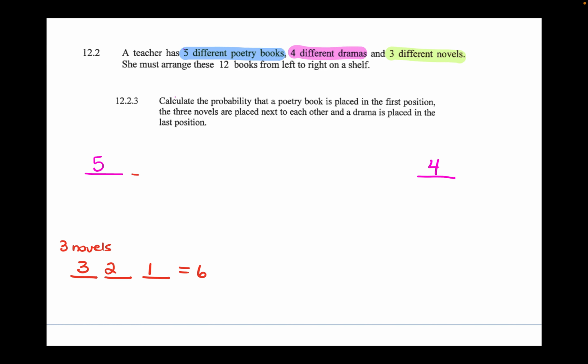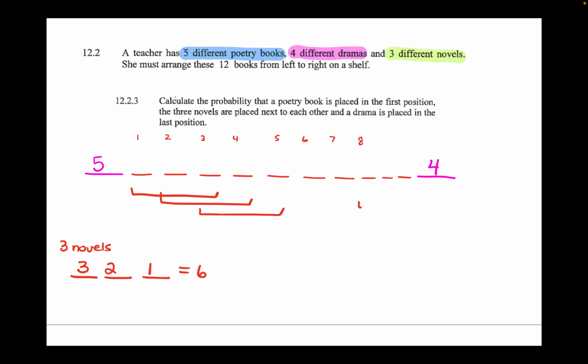But we know we have 10 slots in between here, and our novels could be placed 3 together, basically starting in 8 different positions. 1, 2, 3, 4, 5, 6, 7, 8.